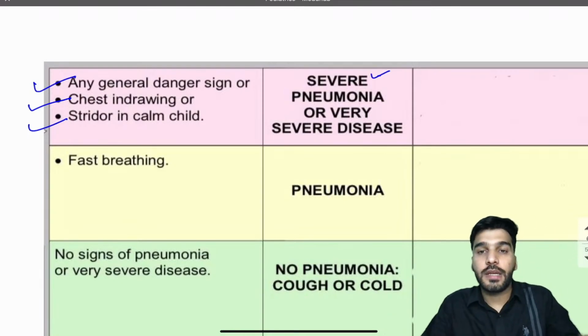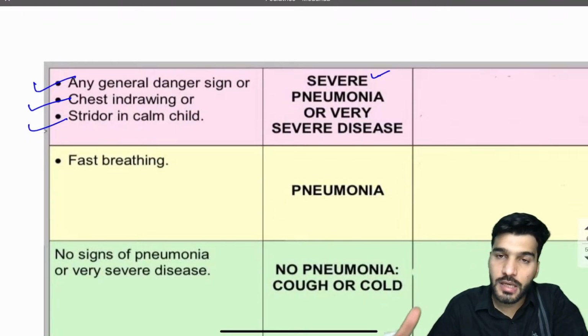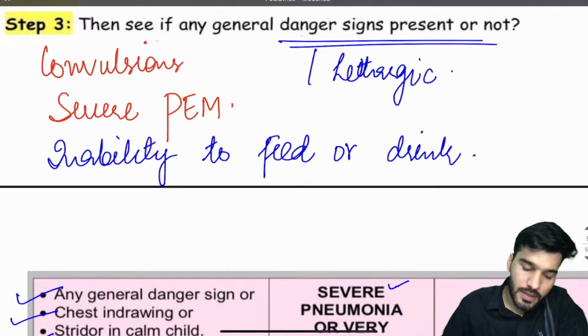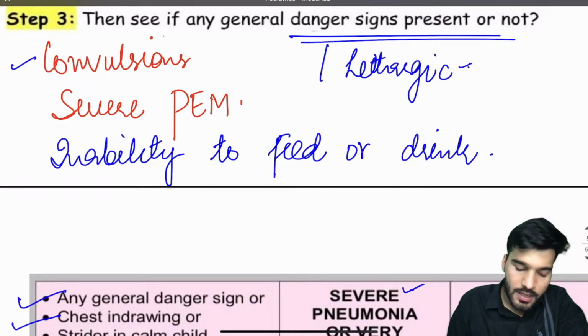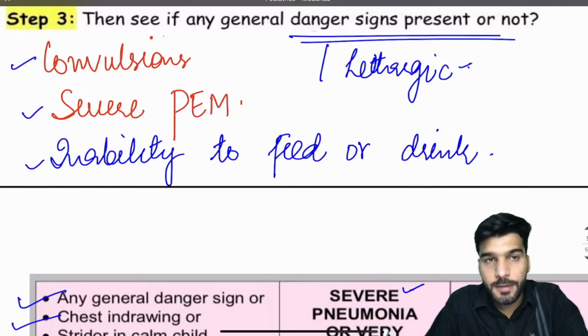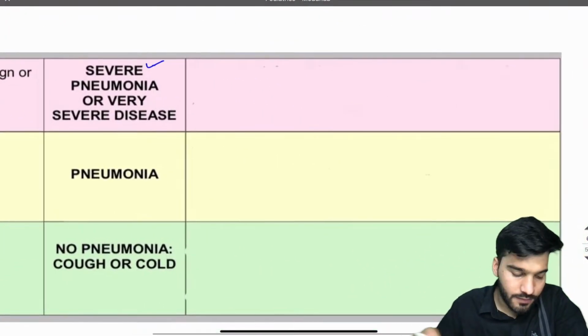So remember, if a question mentions a baby with chest indrawing or stridor or any danger sign, whether it's convulsions, lethargy, severe protein energy malnutrition, or inability to feed or drink, you categorize it as severe pneumonia.